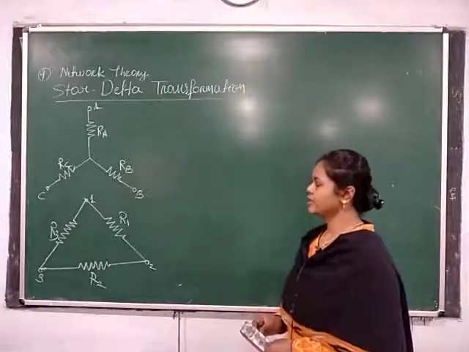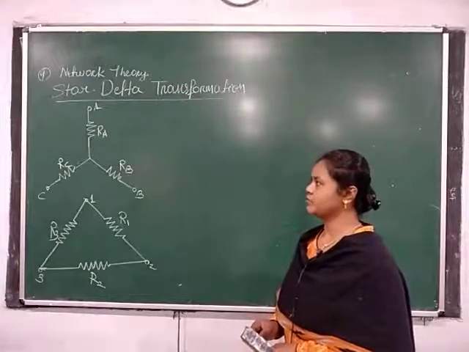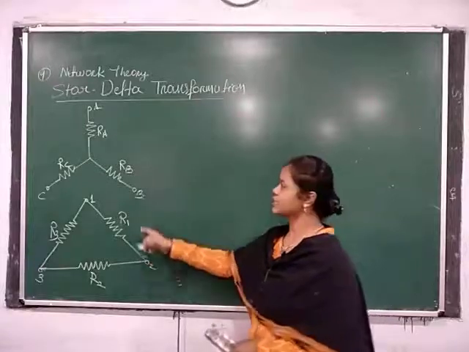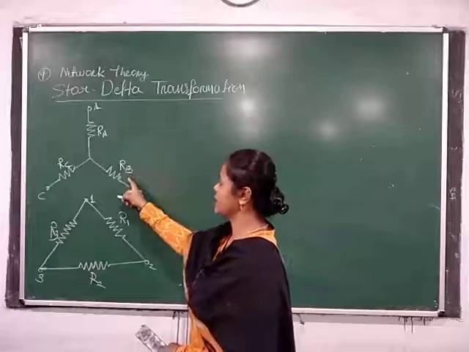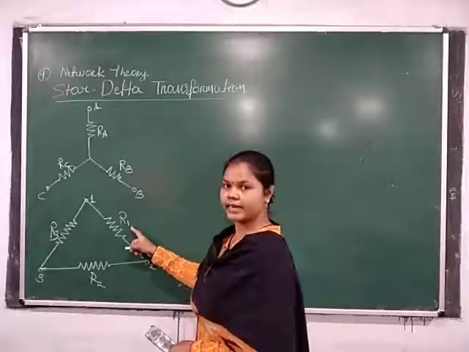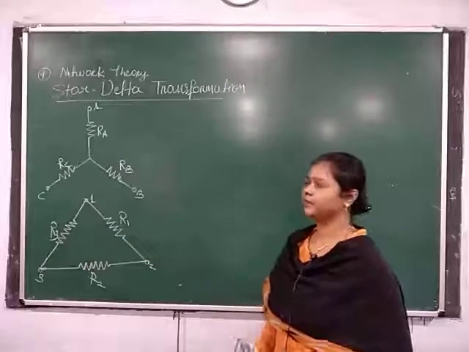For differentiating the branch resistances between star and delta connection, I named the branch resistances of star connection as RA, RB, RC and delta connection as R1, R2 and R3.